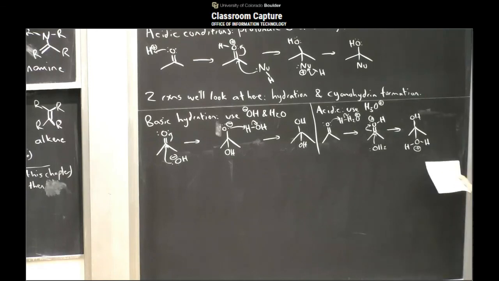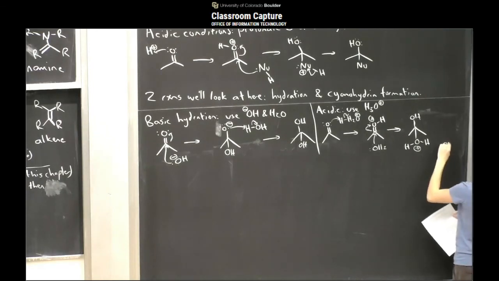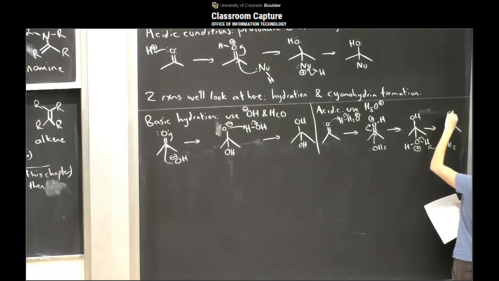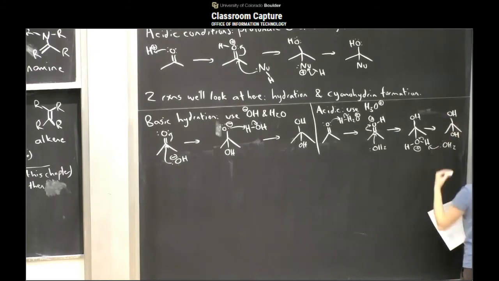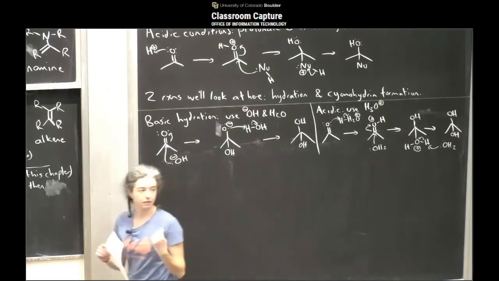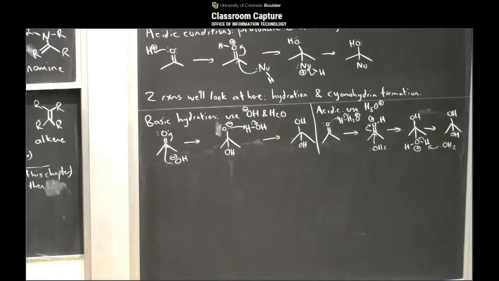Which gives you this, and then like always, if we attack with a neutral water, we just have to deprotonate it afterwards. And it gets us the same thing. So regardless of whether we use acidic or basic conditions with water, we're still getting the same gem diol out of it if we do hydration. Okay, questions about those two? Okay.